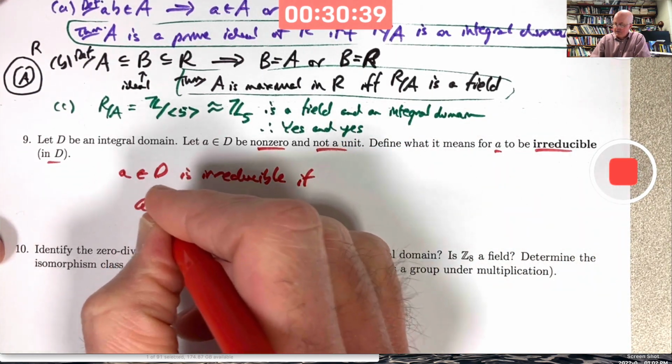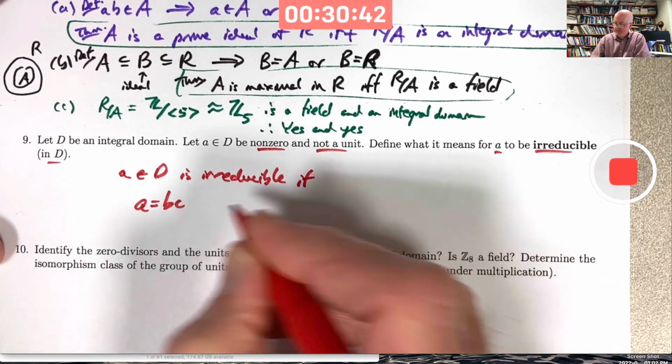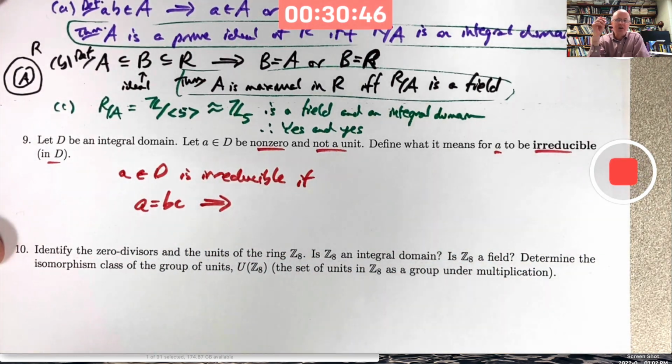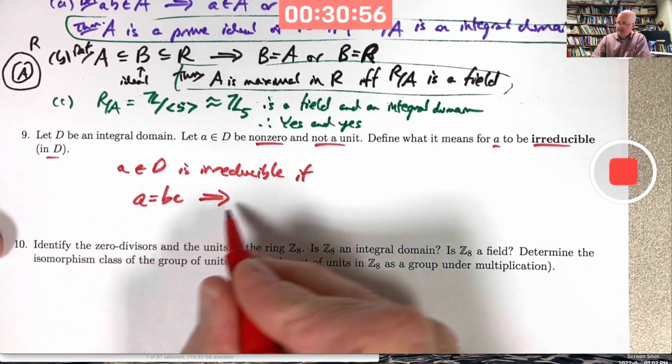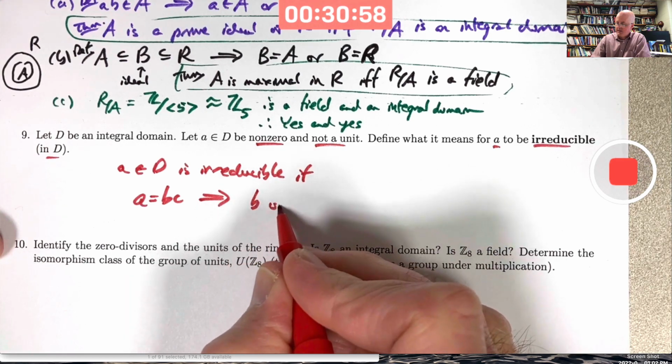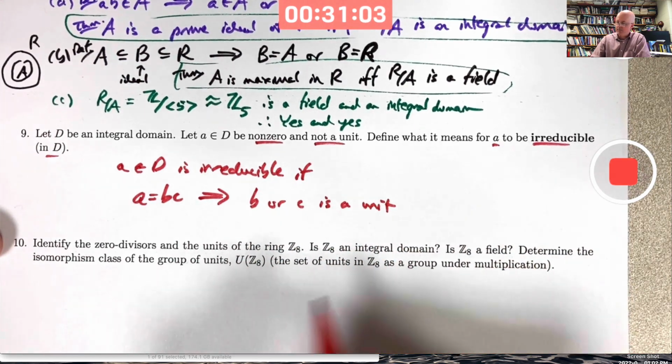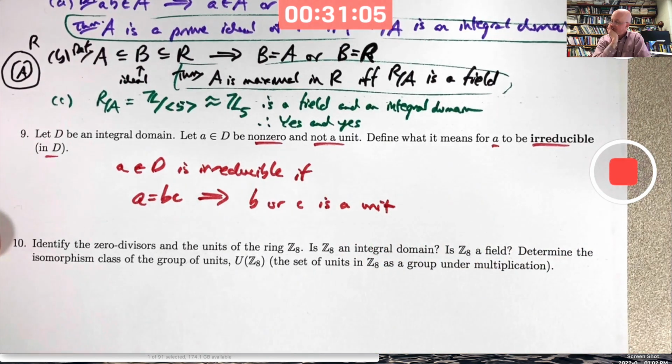If A equals, say, B times C, implies that B or C are somehow trivial, and the trivial elements of rings, integral domains in this context, are the units. A equaling B times C implies B or C is a unit, meaning they have multiplicative inverses.